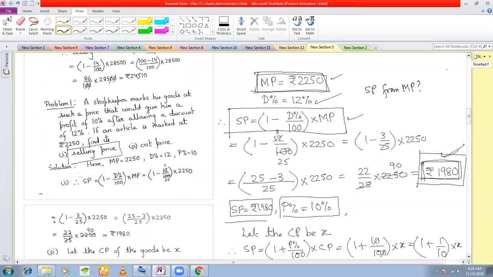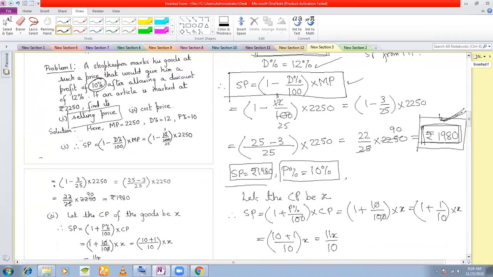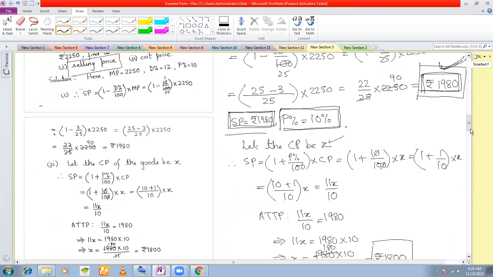Now it was also said that on selling at this price, he is making a profit of 10%. So his selling price is 1980 and his profit is 10%. And if you know the selling price and the profit, then you can calculate the cost price. As I told you earlier, you assume the cost price to be X and then you calculate it. Okay.